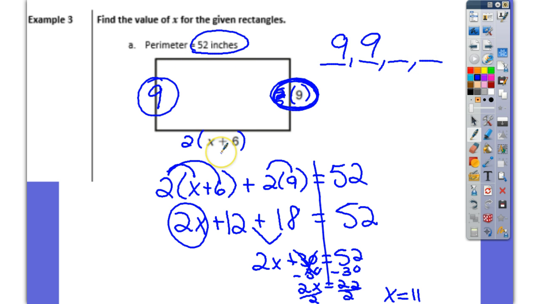X plus 6, and we just said x is 11. So what's 11 plus 6? 17 and 17. Now hopefully we add up all 4 sides. That better equal 52. And does it? 10, 20, 34, plus 18, 44, 52. Excellent.